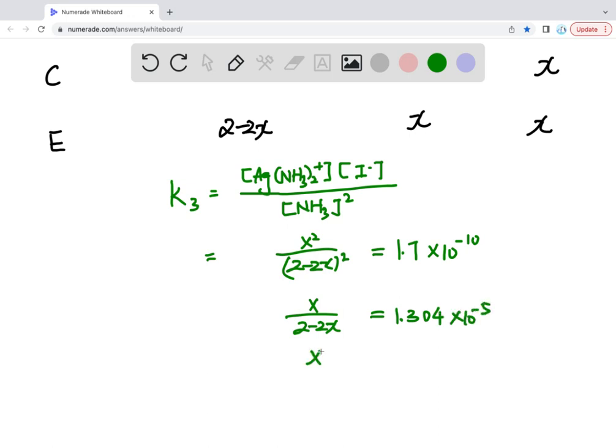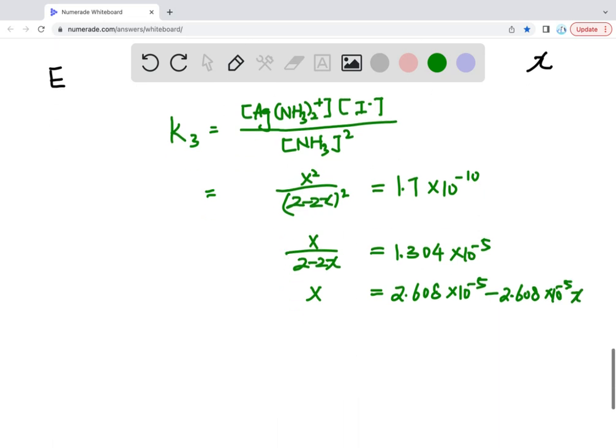So the x here will be equal to 2.608 times 10 to the minus 5 minus 2.608 times 10 to the minus 5 x. If you do the calculations here, it becomes 1.00002608x equals 2.608 times 10 to the minus 5.